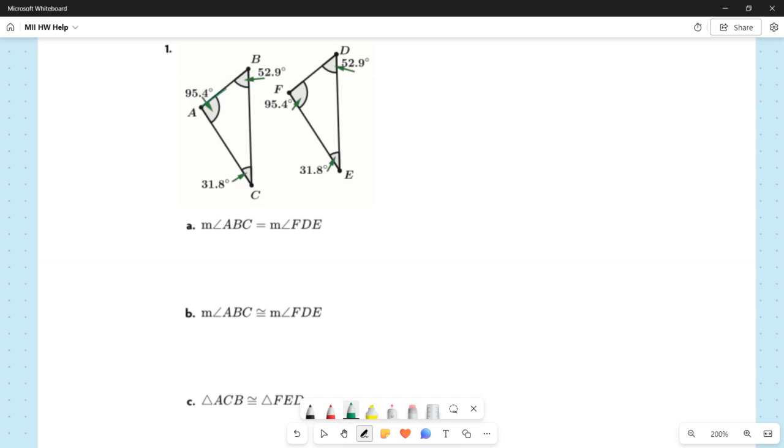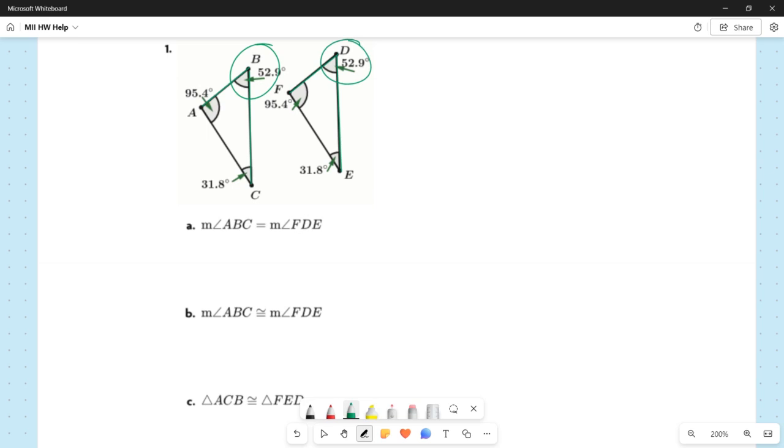It's going to look like this, and then like that. And so the angle that is formed is going to be angle B. Then for FDE, again, we go from F to D, and then from D to E. So we're talking about angle D.